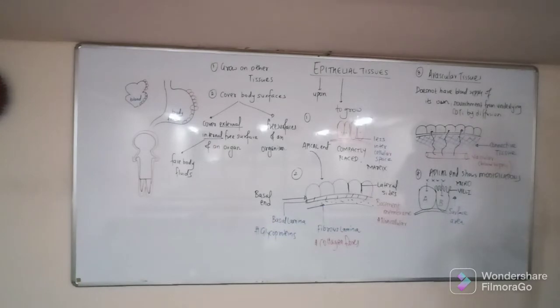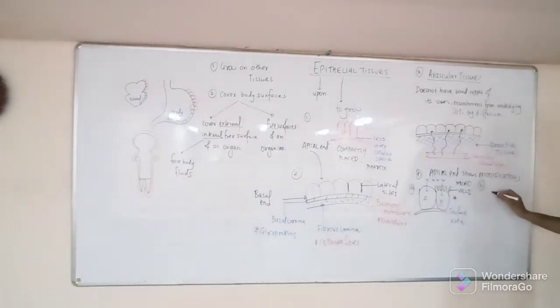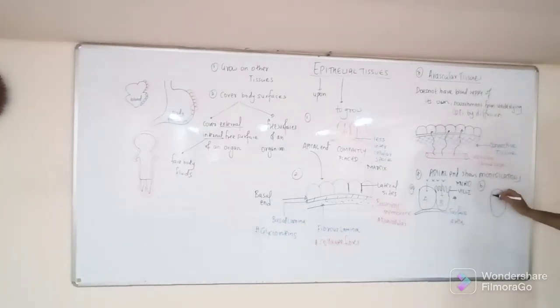Then the other modification of the epithelia is the presence of hair-like structures which are called cilia, which arise from the basal body, and the basal body is a modified centriole.